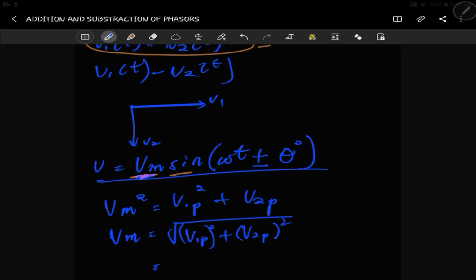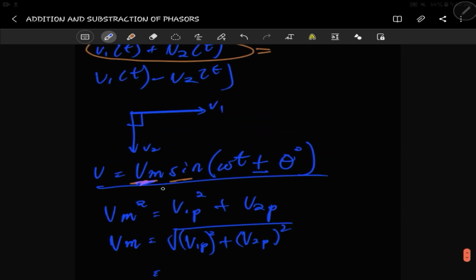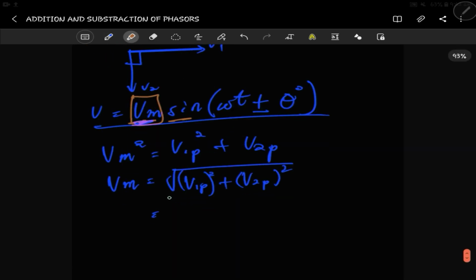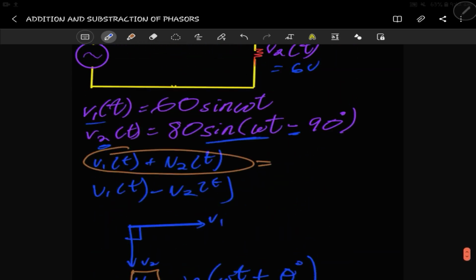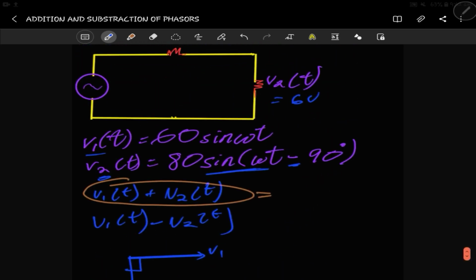So we are going step by step to see how it is, and we know they are 90 degrees apart from each other, so it's like this. Okay. So we move on. Now we are doing this one step at a time. We are finding the Vm, which is this one right here. And then this is how we are going about it. So square root. The v1 peak is 60.